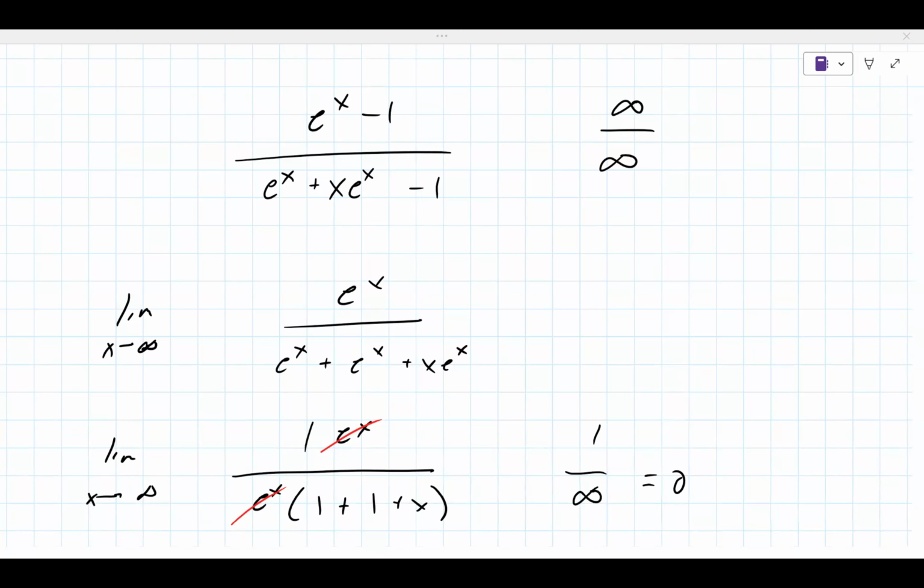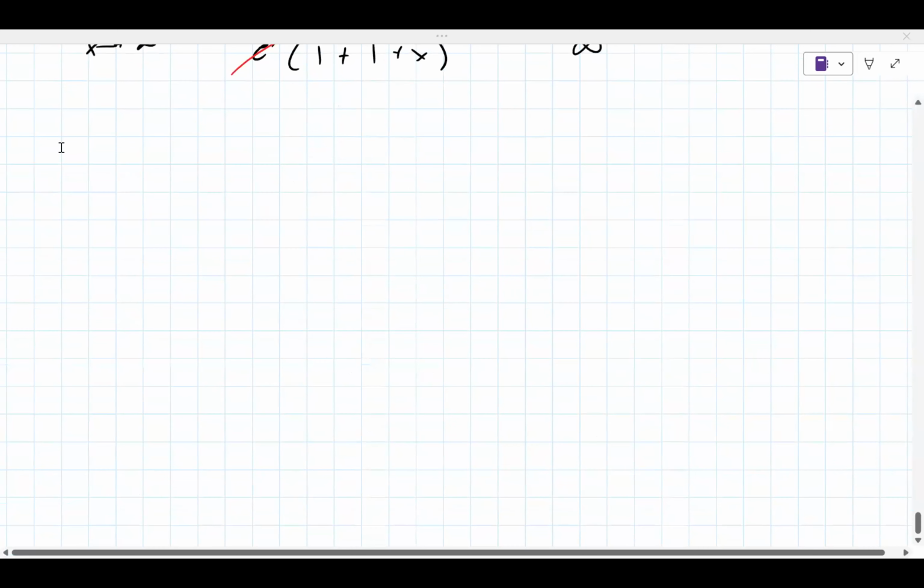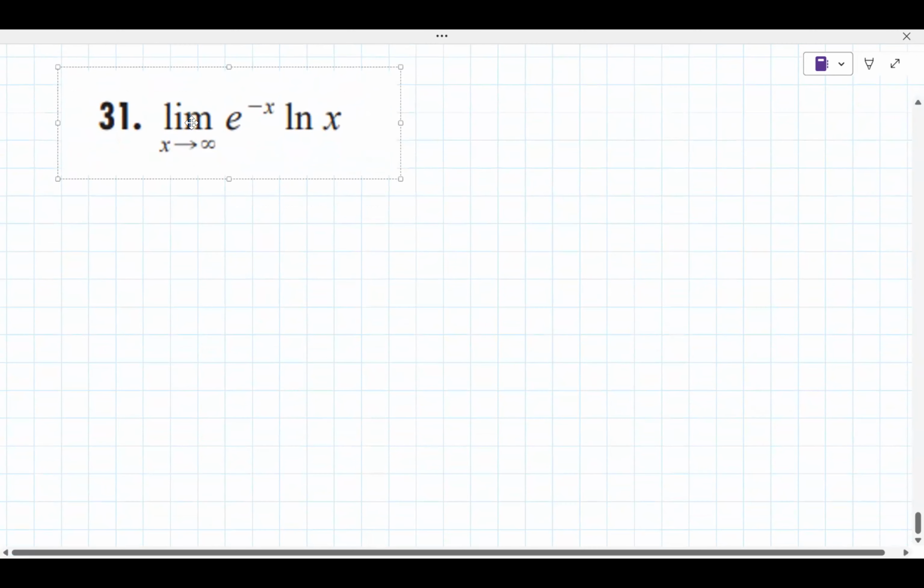All right, so let's just look at a couple more here. The hardest thing I think is to know how to rewrite something. This one requires a rewrite that I don't know if it's obvious or not, because you're the student that hasn't seen this before.